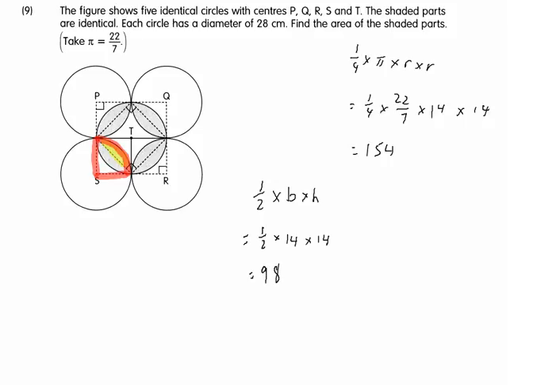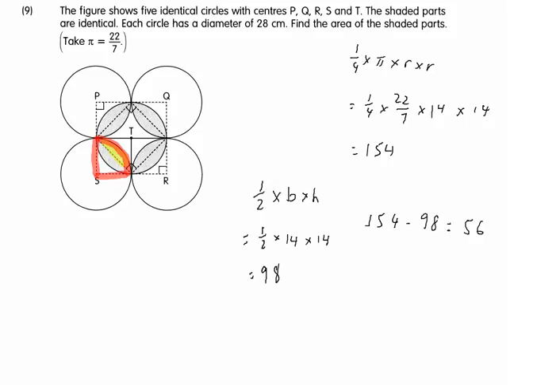So we have the area of the quadrant and the area of the triangle. What's my next step, Kaylin? Quadrant minus triangle, so it's 154 minus 98, which gives me 56, right?